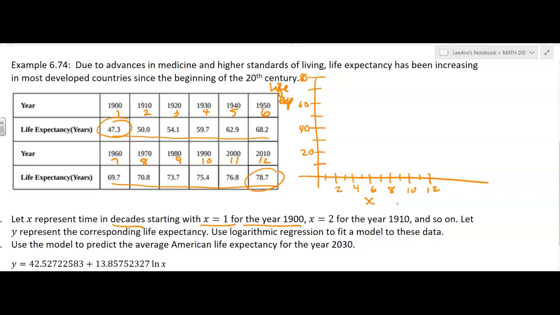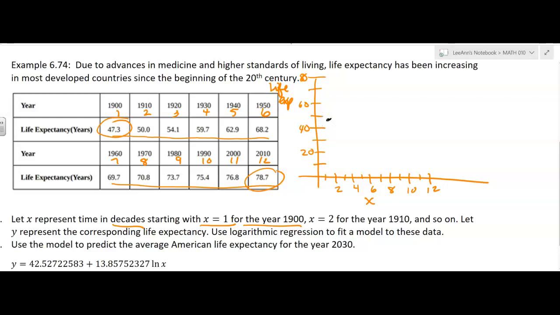Okay, now we want to graph these ordered pairs. So in 1900, the life expectancy was almost 50, so it's up there. Oh, and that's at 1, sorry, not at 0. This is going to be hard to erase, but I'll try to squeeze it. Okay, good. And so that's at 1, almost 50 years old.